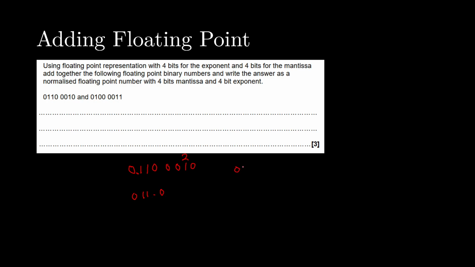And for our second one, our exponent is 3, so we need to shift this one 3 units to the right. 1, 2, 3, and we get 0100.0. And now we just add the binary numbers like how we did it with the integer ones.